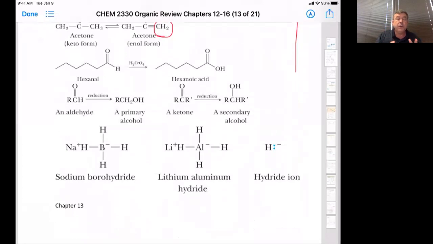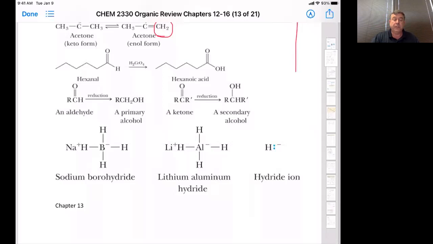Sodium borohydride can reduce aldehydes and ketones down to alcohols. The lithium aluminum hydride, we found out, can do esters and carboxylic acids also. So it's much stronger than the sodium borohydride, and we got to see it reduce them all down to alcohols, either primary alcohols or secondary alcohols.